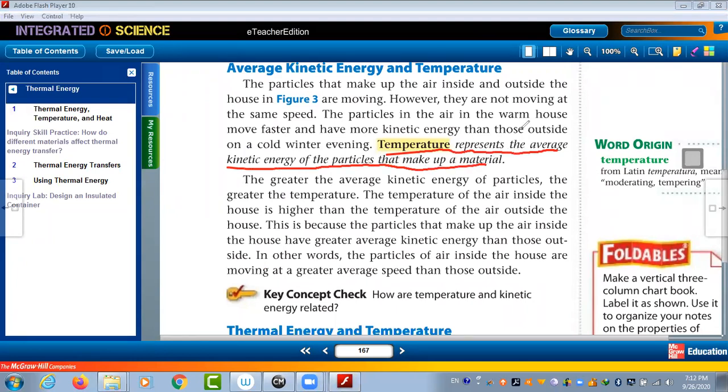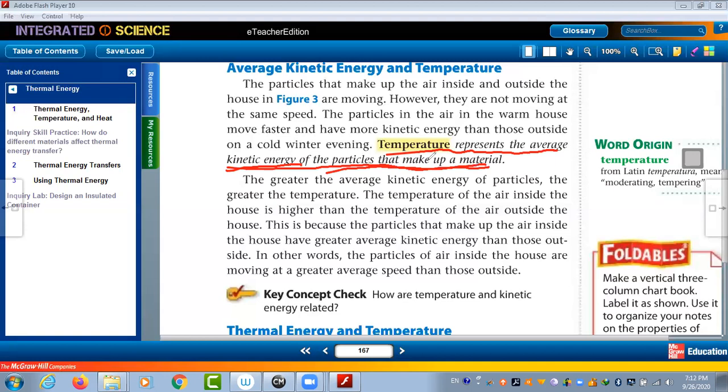So any particle, we said, has kinetic and potential energy. But temperature only needs the kinetic energy. So here, temperature represents the average kinetic energy of the particles that make up a material.